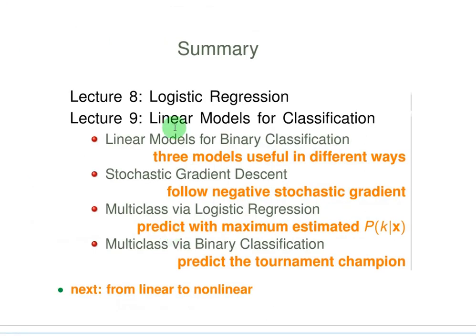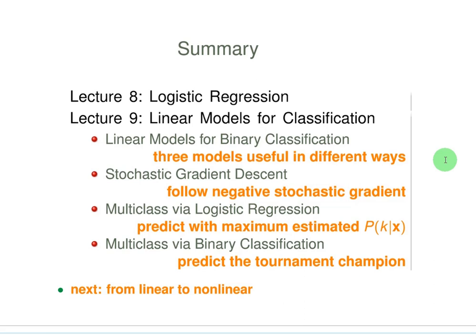So in today's lecture, we have briefly reviewed linear models for classification. In particular, we were interested in using linear regression or logistic regression weights in solving classification problems, because 0-1 error in linear classification is hard to optimize.